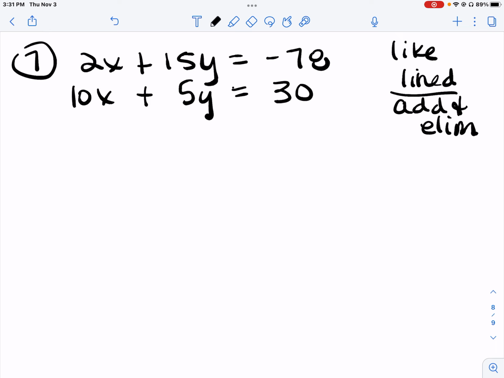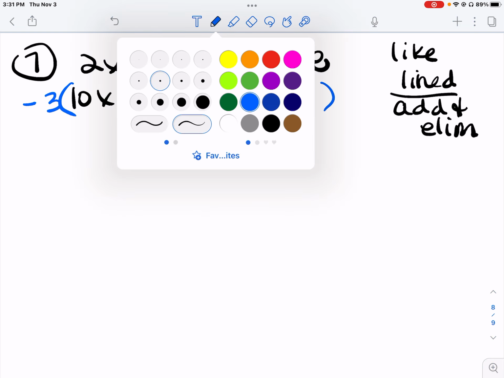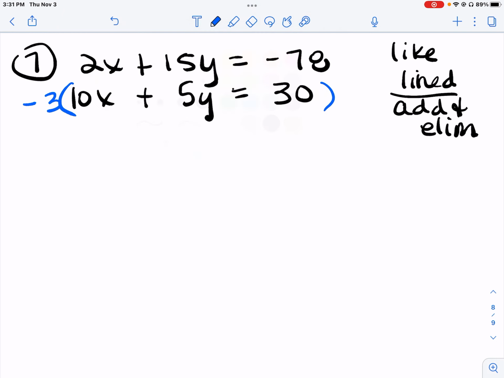Add eliminate means we're going to multiply an equation by a number so that one of those letters cancels out. There's different things you could do here. I'm going to multiply this second one by a negative 3, and let's see what happens there. Negative 3 times 10x, negative 3 times 5y, negative 3 times 30.